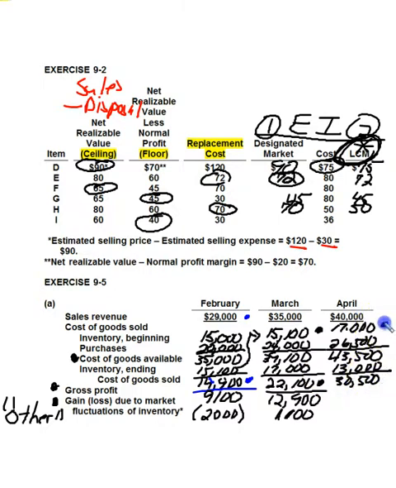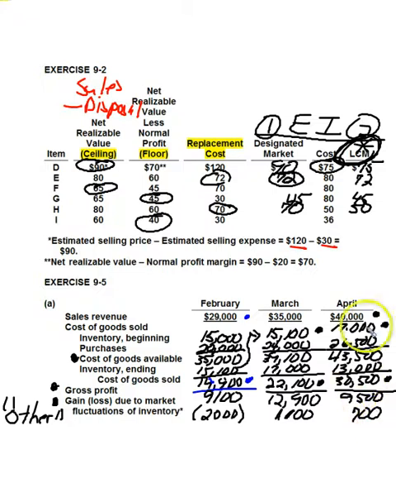We take sales of 40,000 minus our 30,500, and that gives us a gross profit of $9,500. And then we had a recovery of loss, which in essence is a gain of $700.